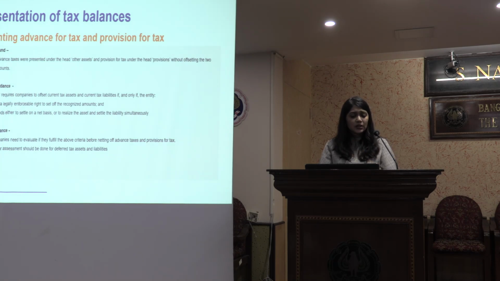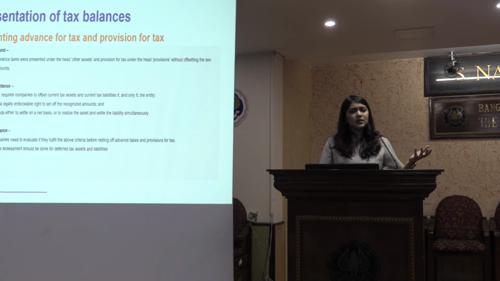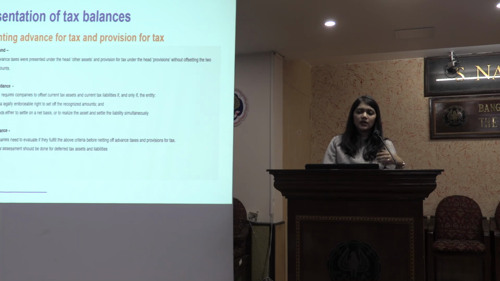Then another interesting thing, which I think was there under IGAAP as well, is that we show advance taxes and there is provision for taxes. Generally we net off these and present them as one line item, whether under asset or liability, right? The same thing we used to do for deferred tax asset and deferred tax liability.